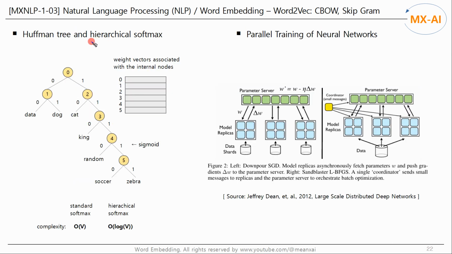The next key point is hierarchical softmax, which is a computationally efficient approximation of the full softmax. In the context of neural network language models, it was first introduced by Morin and Bengio in their 2005 paper, Hierarchical Probabilistic Neural Network Language Model.